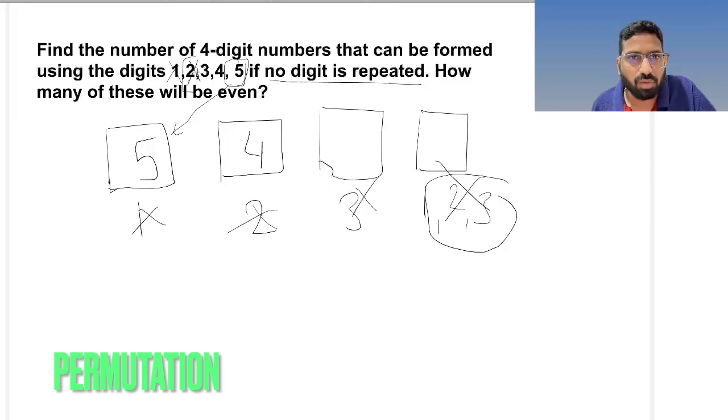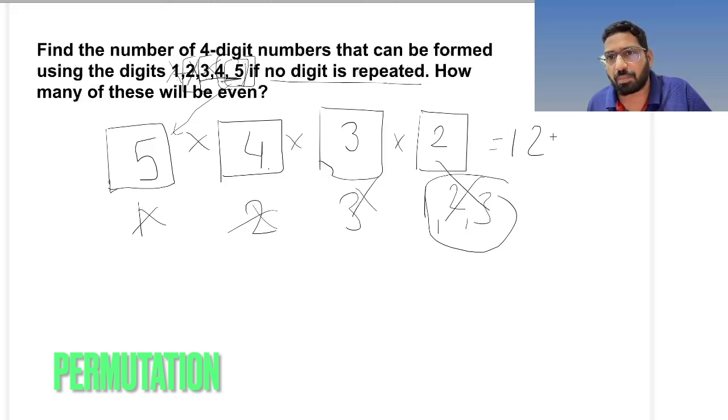So I am left with 3 numbers, and I'll put 3 here. Since 3 numbers are gone, I am only left with 2 numbers, so I will choose from either of them. So it will be 2. Now we multiply them. So 5 times 4 is 20, 20 times 3 is 60, 60 times 2 is 120. So total possible numbers are 120 in this case.